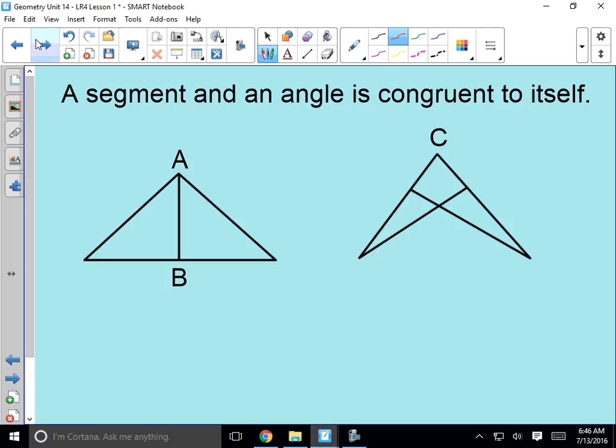The reflexive property is when you have a side length that is shared between two triangles, or an angle that is shared between this triangle and this triangle. When you have a shared side or a shared angle, we know automatically that it's congruent. We'll talk about this later as well. This is called the reflexive property.